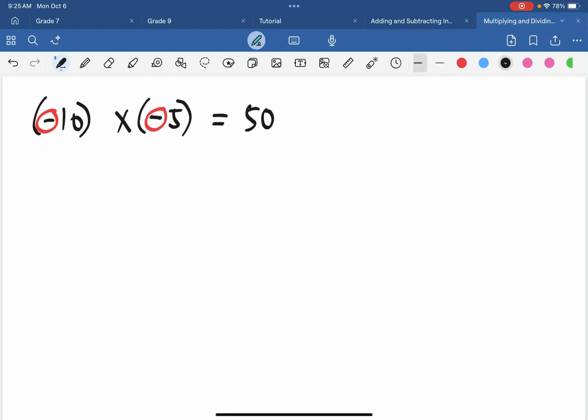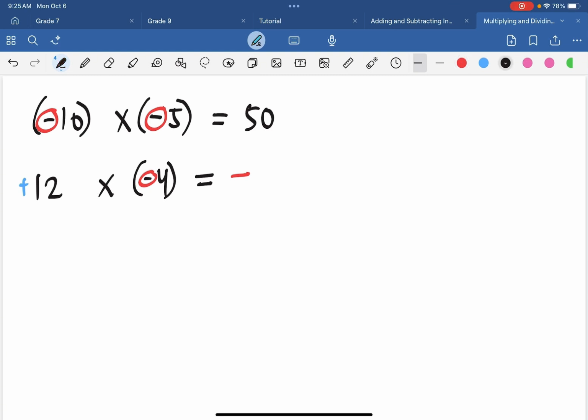So let's erase this first. And next, let's have 12 times negative 4. So obviously, we have here a positive number times a negative number. That means the result would be negative. Now after that, let's multiply just the numbers themselves.